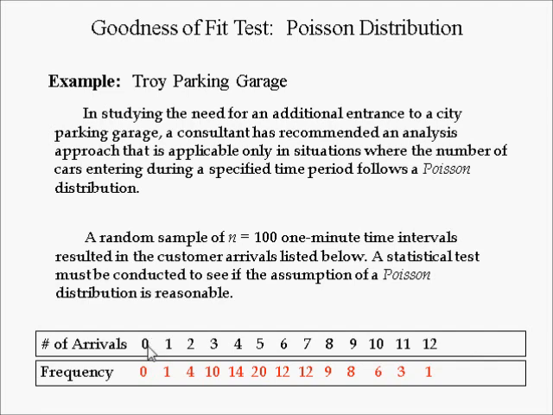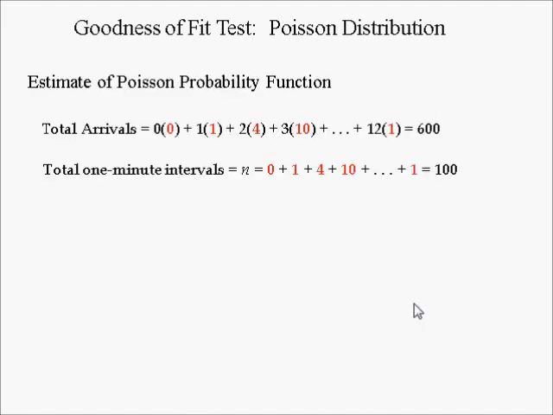So the mean is basically take each of these numbers, multiply by the corresponding number here, sum that up, and then divide that by the sum of the red numbers, the observed frequencies, which is 100. The estimate of mu is 600 cars divided by 100 1 minute intervals. So we have 6 cars arriving every minute on average.